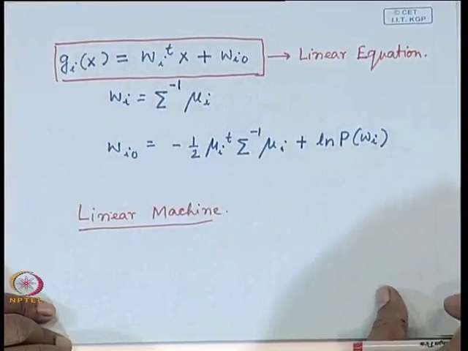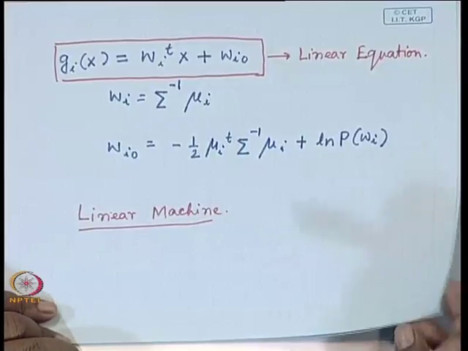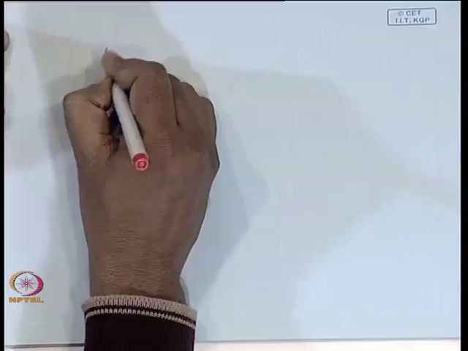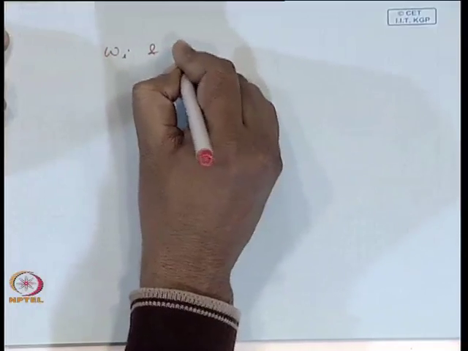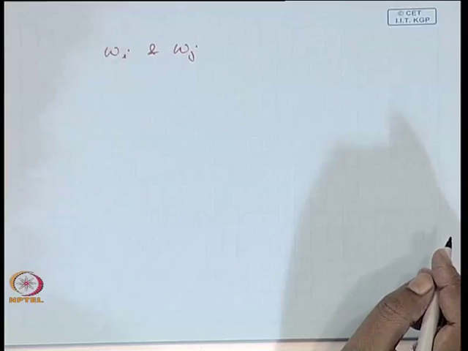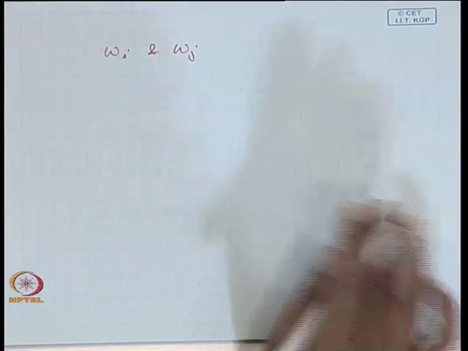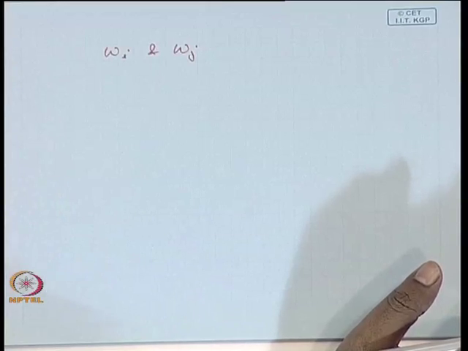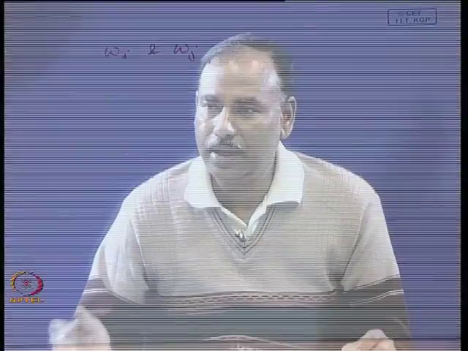Now, using these linear discriminant functions, if I want to find out the structure of the decision surface between two classes omega_i and omega_j, we will follow the same procedure: g_i(x) - g_j(x) = 0 is the equation of the decision surface separating the two classes.